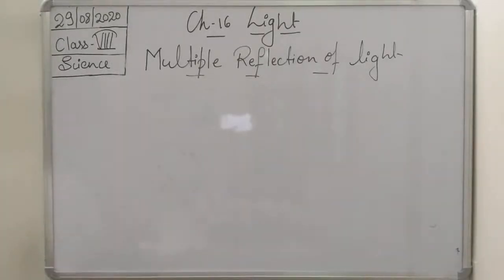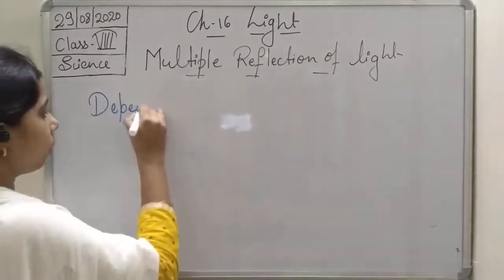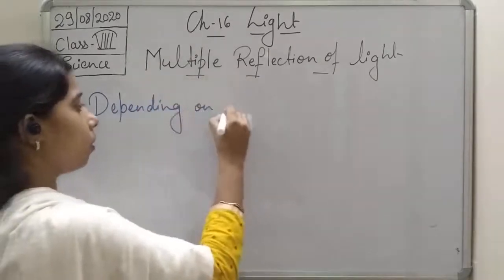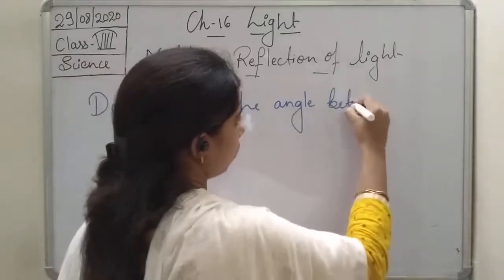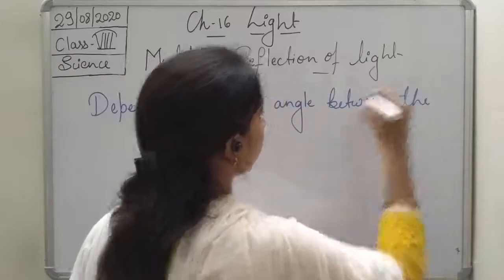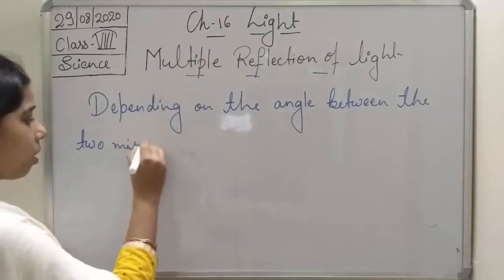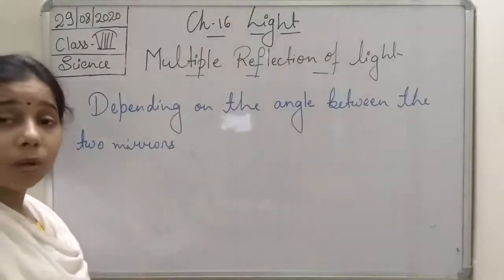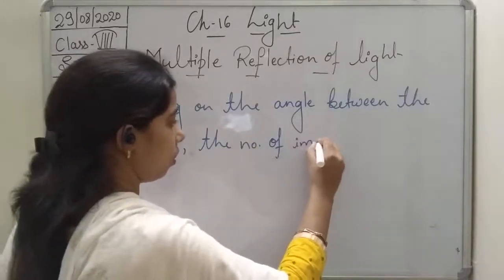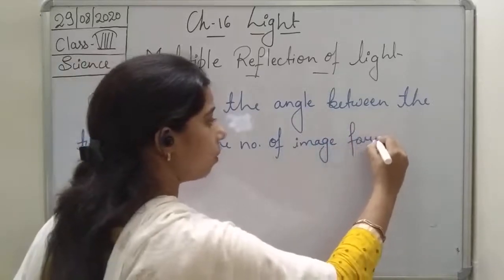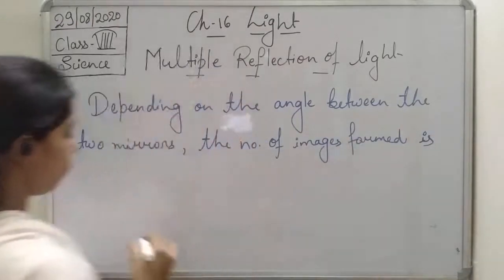Okay, so we can write: depending on the angle between the two mirrors, the number of images formed is different.